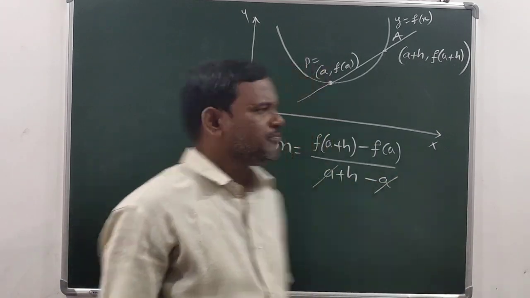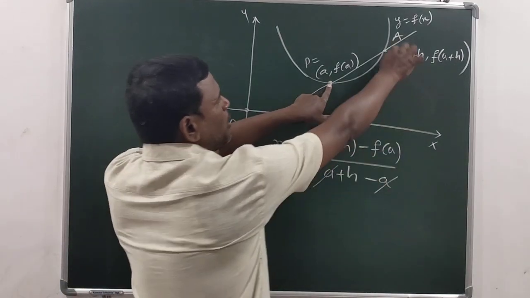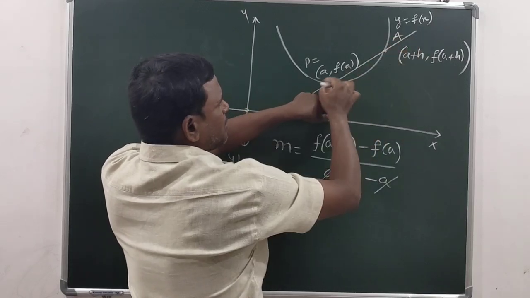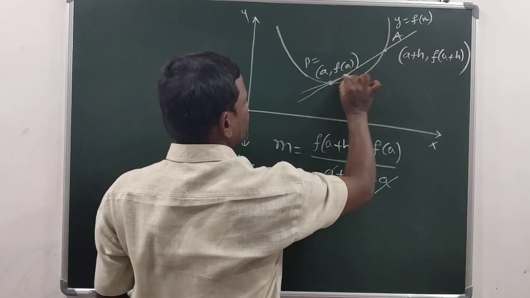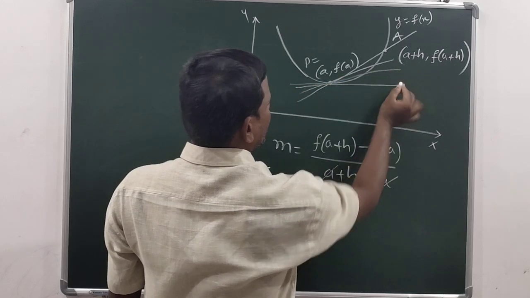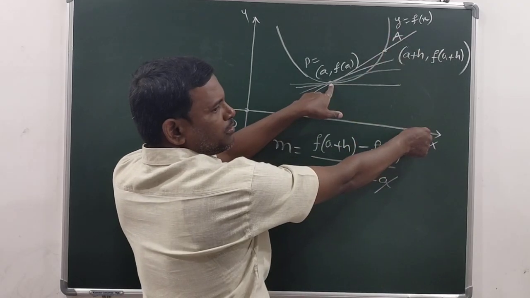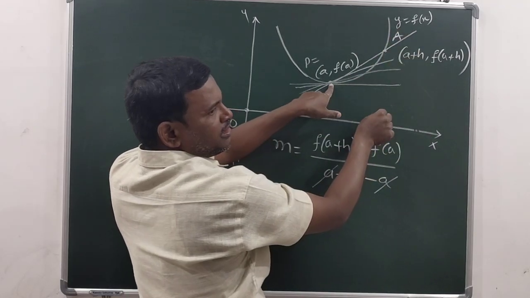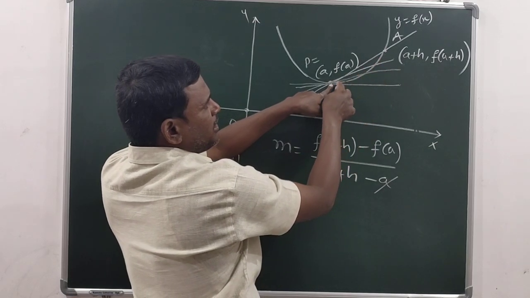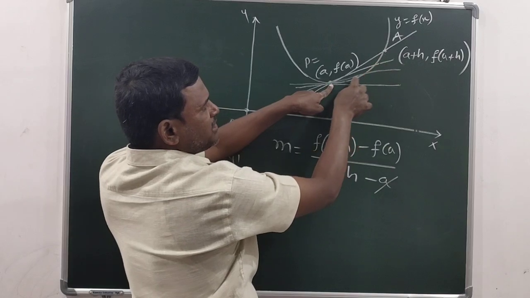After this, keep this point here itself and rotate this PA in the clockwise direction. Like this, you rotate. Keep this point here itself and bring it down in the clockwise direction. If you rotate like this, observe carefully. From here to here I said to you h. So the value of h is decreasing.